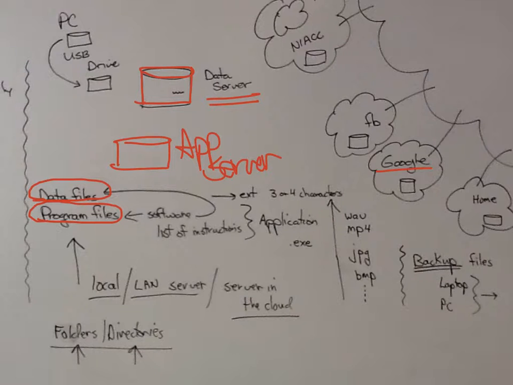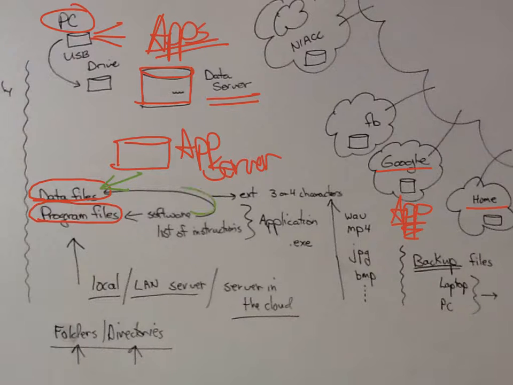The apps sit out on the website and you use a browser, let's say from your home, to access them. On a local network, that could be the case too. Or you can have your PC and have your apps stored right on your PC. A lot of apps are stored right in your phone too. But what you're storing is typically one of two things: either the data that the app is going to manipulate, or the actual app itself. At first, some people get confused on how that works, but it's important to understand that. And we're going to talk a little more about it here.